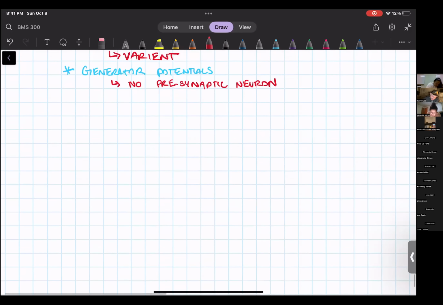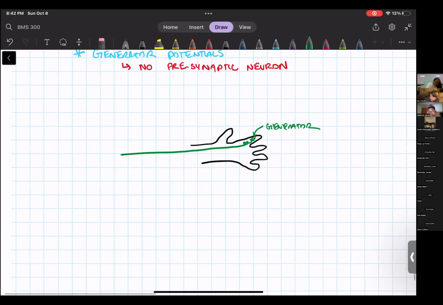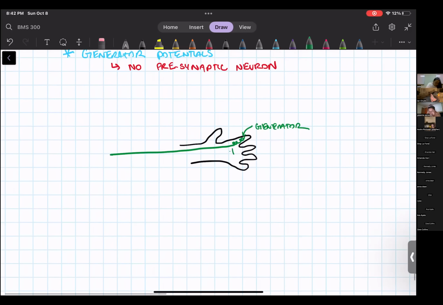So if I were to draw, here's my lovely hand. First order neurons usually have their input region here. This is where you'd have your generator potential. This would summate right here. And these neurons are different because they have their cell bodies in the middle, in the dorsal root ganglion.